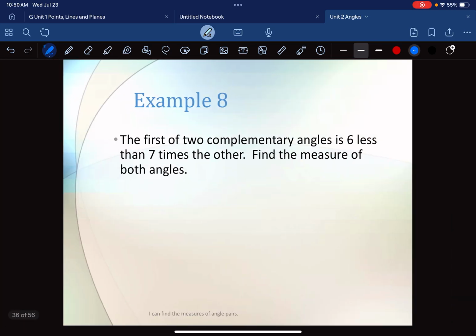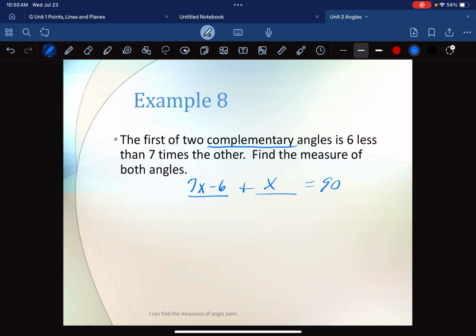Example 8. The first of two complementary angles. Well, I see complementary, and I think the two angles add up to 90. So the first one is 6 less than 7 times the other. Well, 6 less than means I'm subtracting 6 from something.